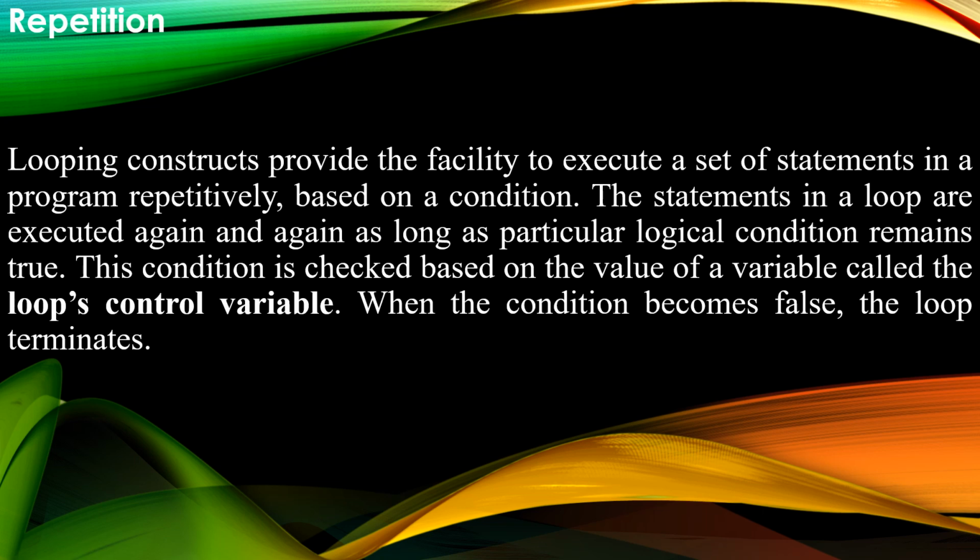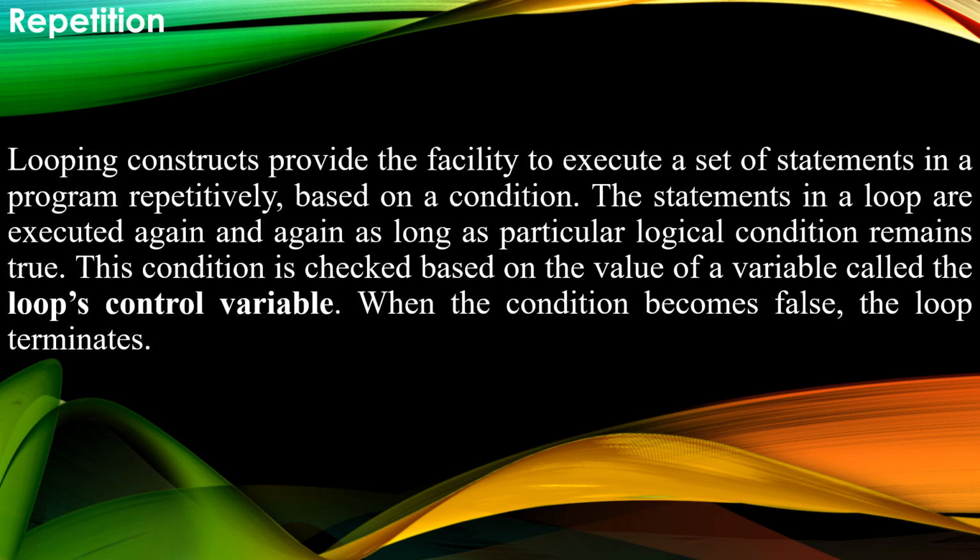The statements which we write in a loop are executed again and again as long as the particular logical condition remains true. The condition is checked based on the value of a variable, and that particular variable is called a loop control variable. That means this variable controls how many times the loop has to be executed again and again.